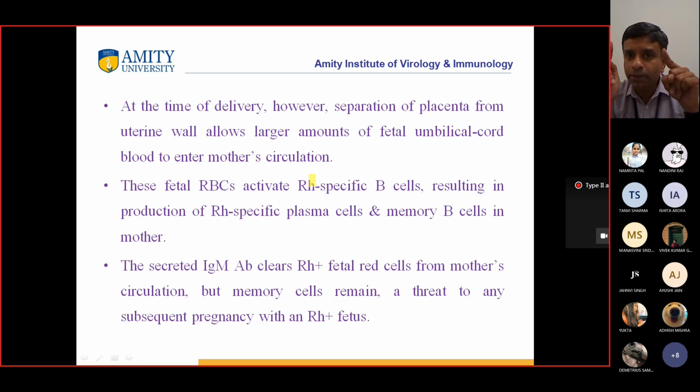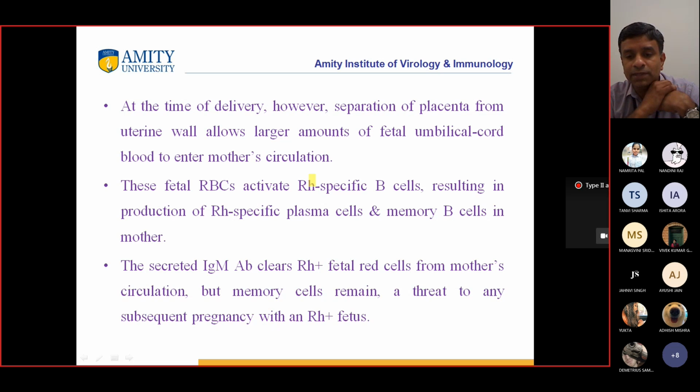So now the Rh positive RBCs have entered the circulation of the mother who is Rh negative, right?